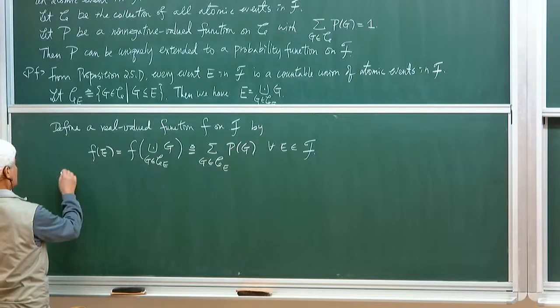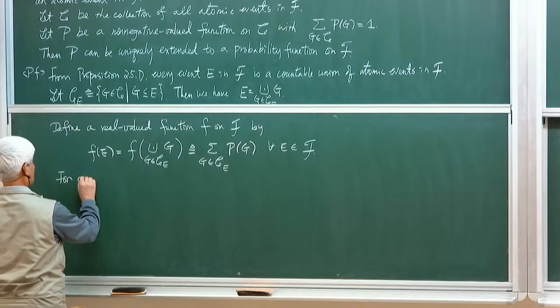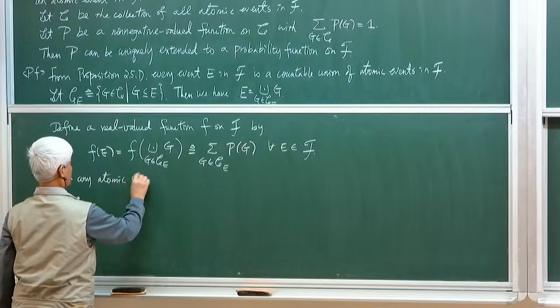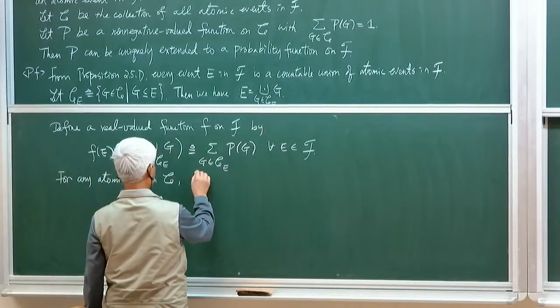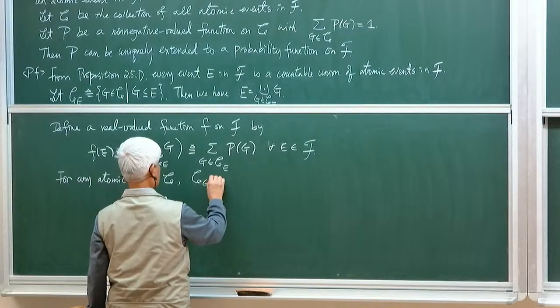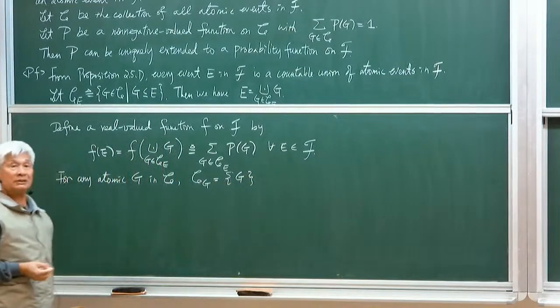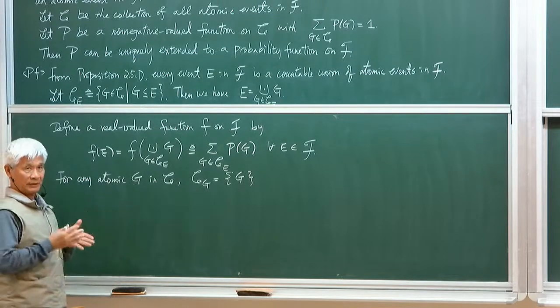Now, for any atomic event G in C, we know C_G is just equal to G itself, because G itself is an atomic event.